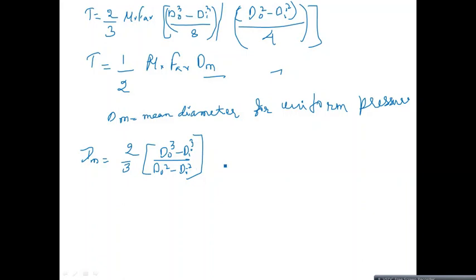So now dm is the mean diameter for uniform pressure.